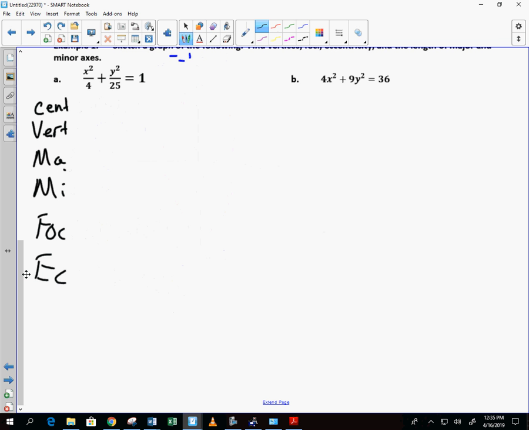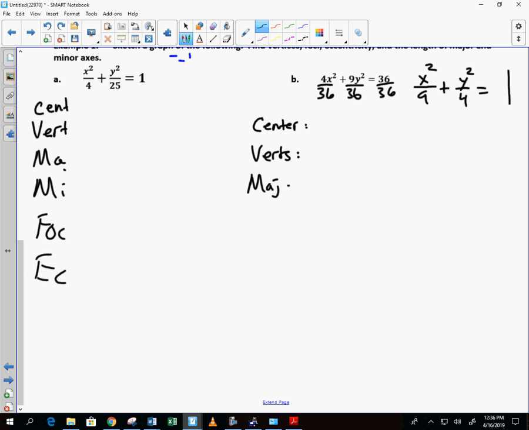Please look at the next example. Anybody have any thoughts here where to start? Divide by 36. Thank you. It must be equal to 1. X squared over 9, y squared over 4 is equal to 1. So I have the center, I have the vertices, I have the length of the major axis, I have the length of the minor axis, I have the foci, and I have the eccentricity.